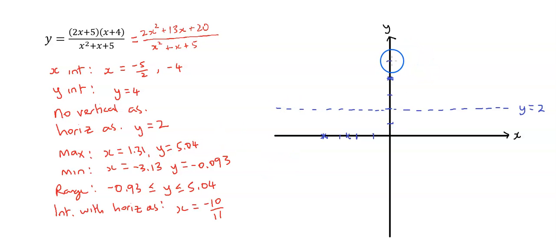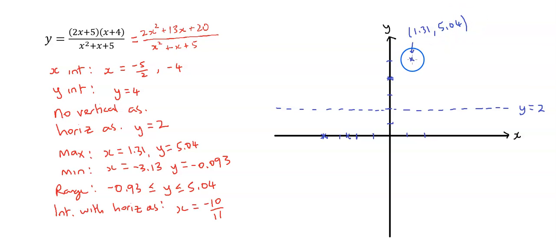So here can be 5. So here is 1. Here is 2. So the maximum point is going to be about here. And then you can make it clear by saying 1.31 and 5.04.